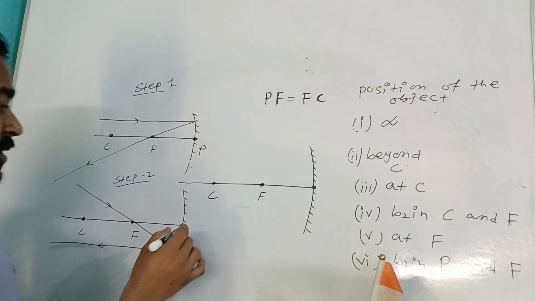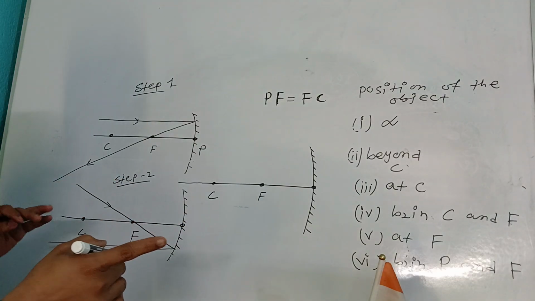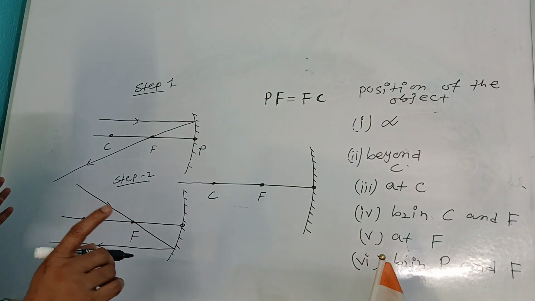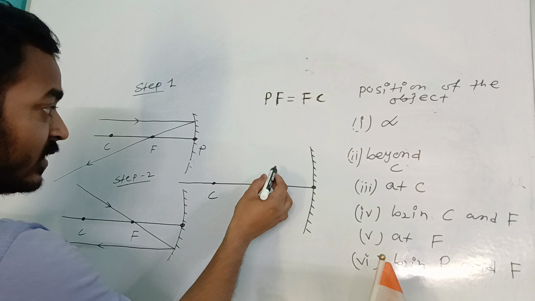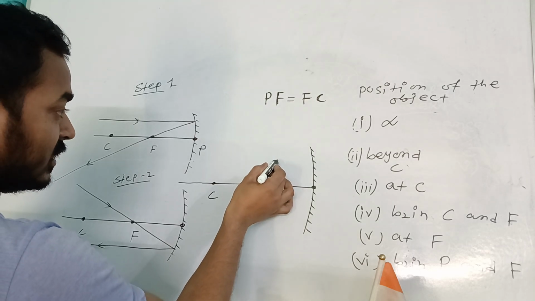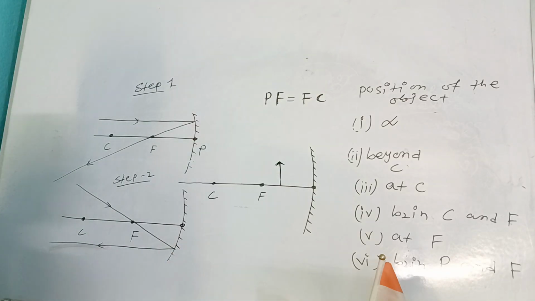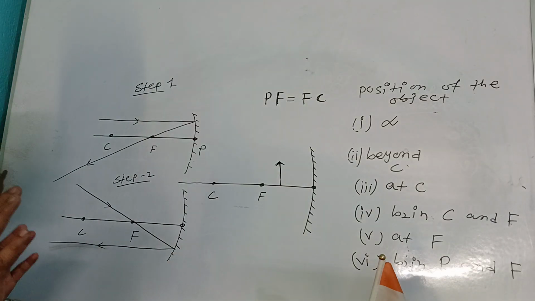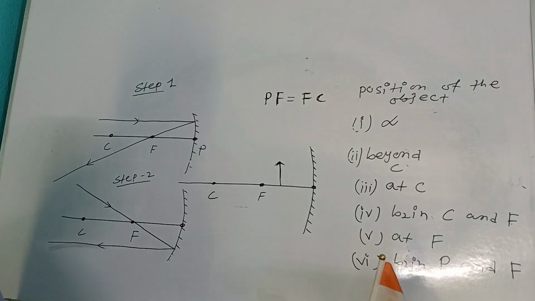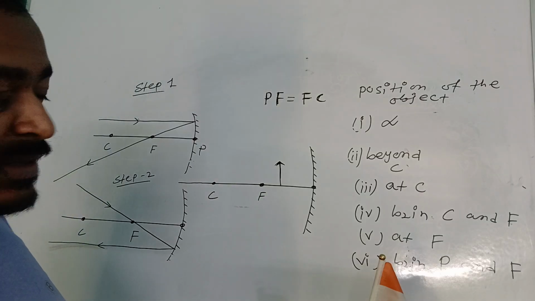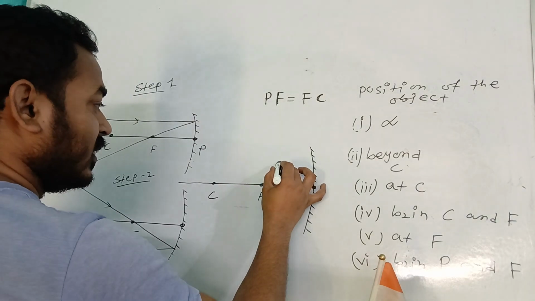Sometimes we have to consider the normal incident case. For example, the object is here. Just concentrate here. The object is here, and I have to take the normal incident case for the ray diagram.